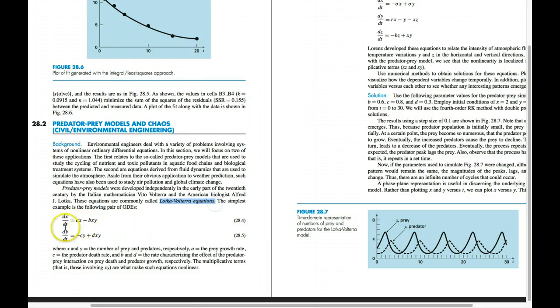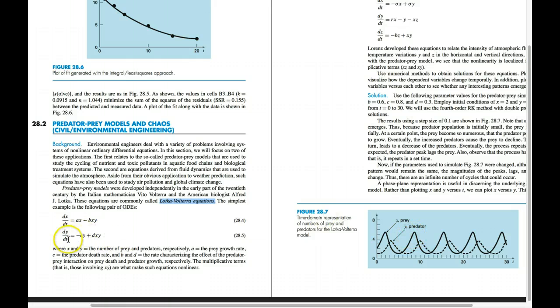the Lotka-Volterra equation, and it's a set of equations that basically relates the change of population of a predator and a prey. So in this case, let's say X represented the population of deer and Y represented the population of tigers.